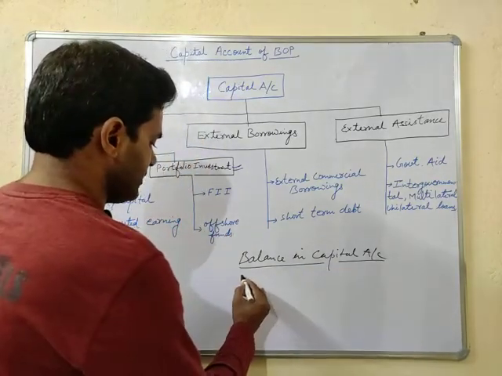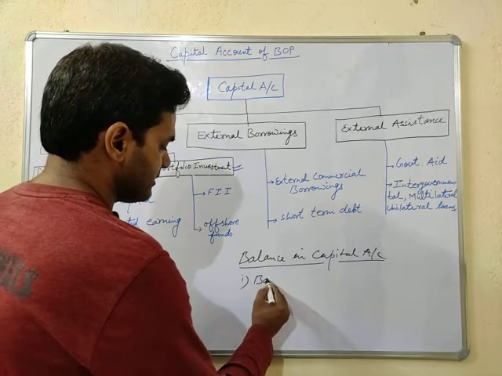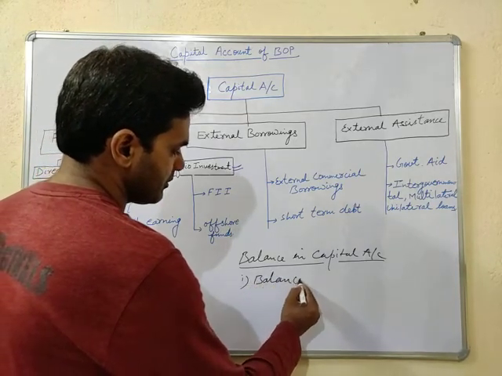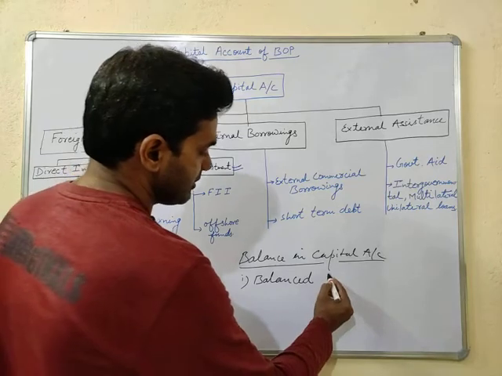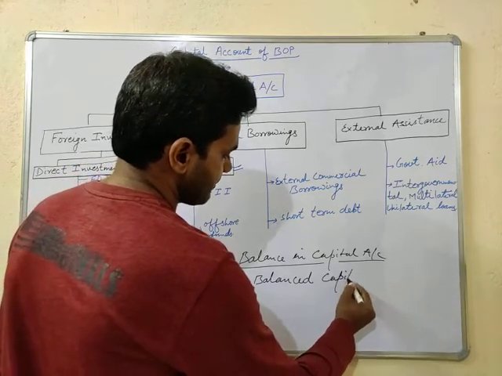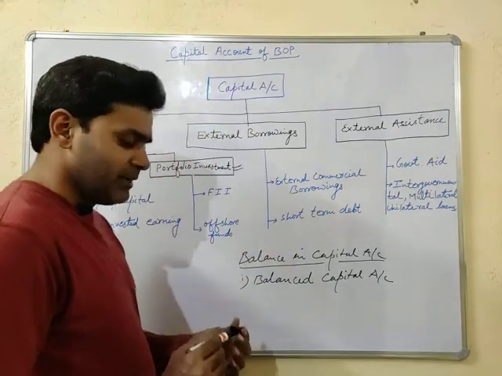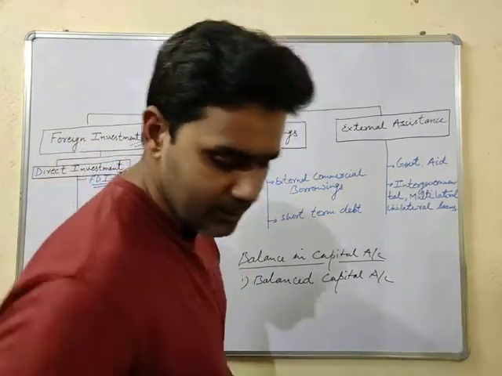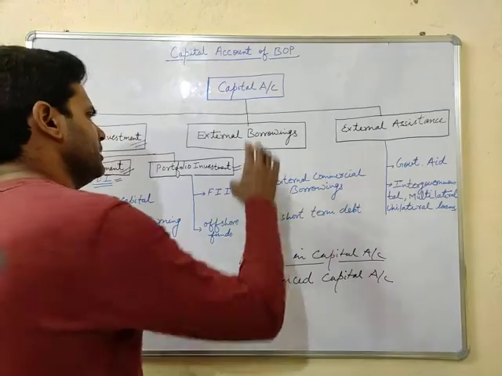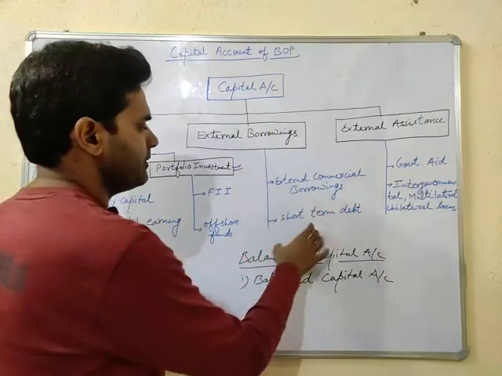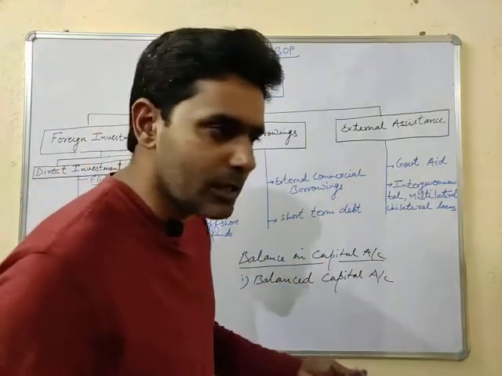The first situation is a balanced capital account. When will there be balance in the capital account? Obviously when the inflow of capital is equal to the outflow of capital.